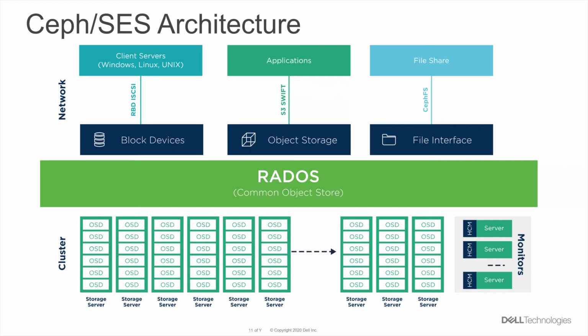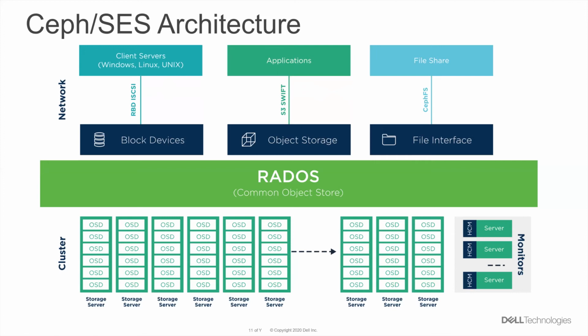And with those, we have both the native clients, or what I like to call intelligent clients, and traditional clients. The difference really being that an intelligent client, the native, like RBD, RADOS block device, or CephFS, the client itself understands the pseudo-random algorithm called CRUSH that dictates where data is placed in the cluster.